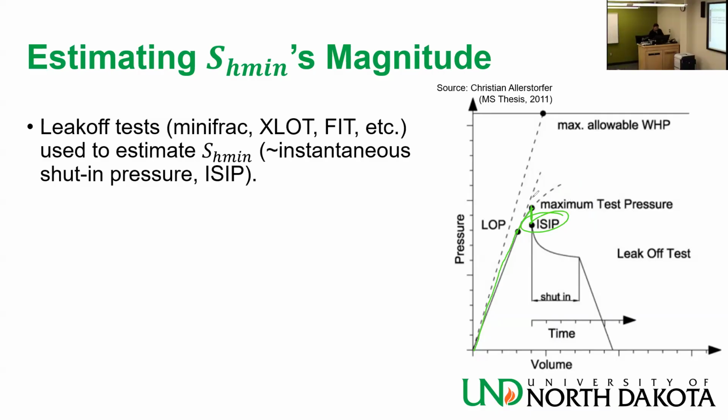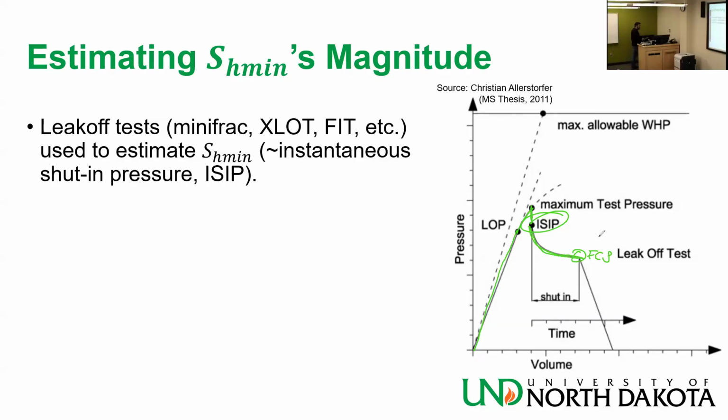Something like that. And then generally we call this pressure here, we don't have it in this plot, FCP, fracture closure pressure. If you had a fracture, it would close at that pressure.